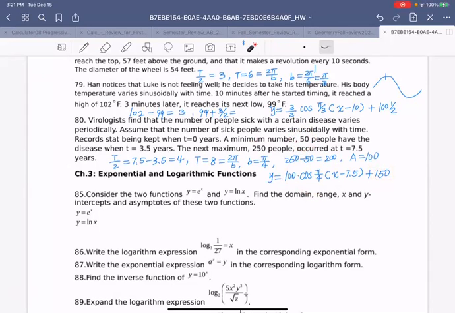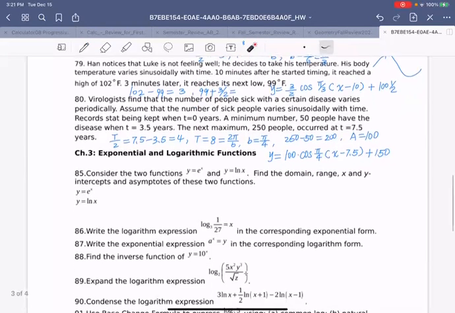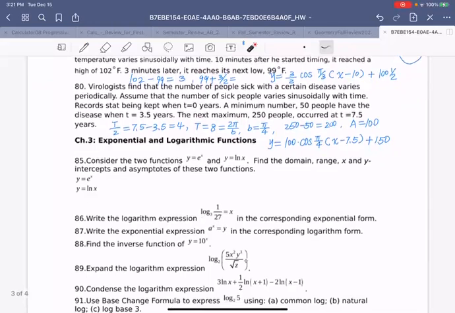Okay. Now let's try the exponential one. Y equals e to the power x and ln x. Write the logarithm, this guy.